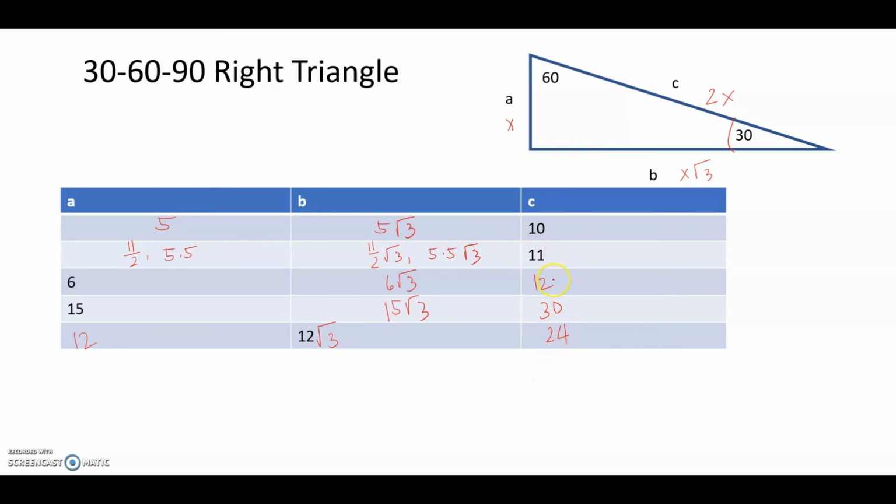So you will notice that we did not use the Pythagorean theorem anymore. It's just by looking at the position of the sides of the right triangle, we can actually solve for the legs or the hypotenuse of this triangle.